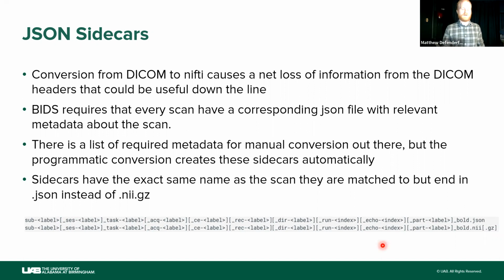As a separate note about how these names are structured, any key value pair that is inside square brackets is not required. It is optional, and it's up to the researcher to decide whether it is necessary to include in the name. Anything that is not in square brackets is required.